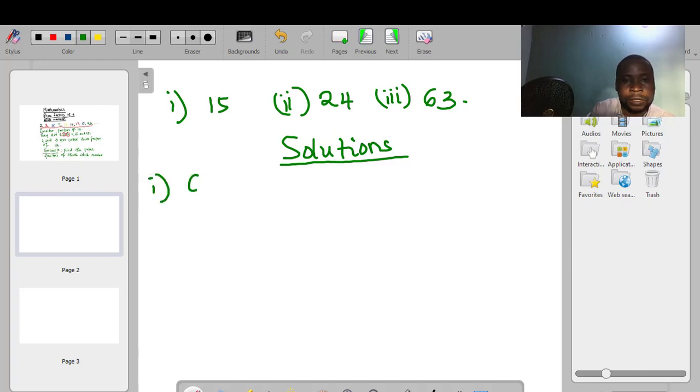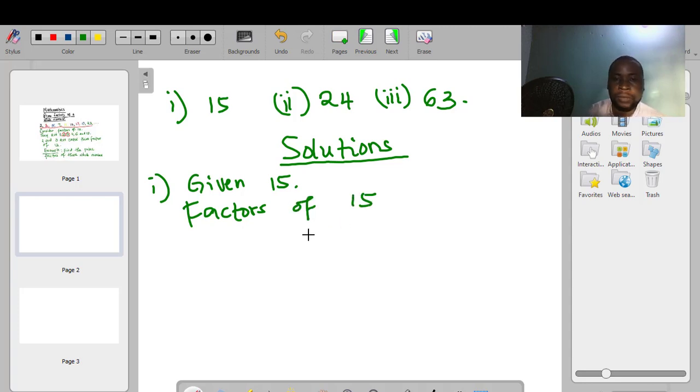So 15, we are given 15 to find the prime factors of 15. First, factors of 15. We're talking about numbers that can divide 15 exactly, or numbers that can make 15.